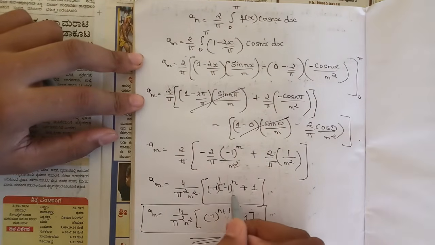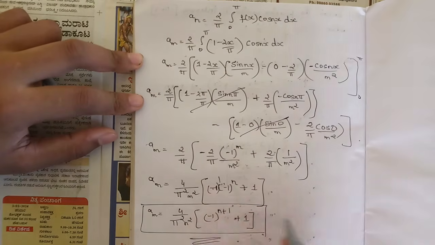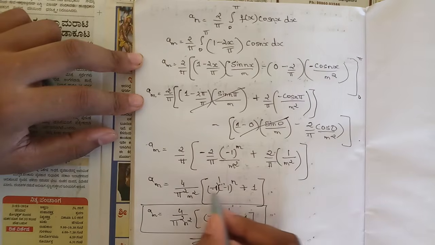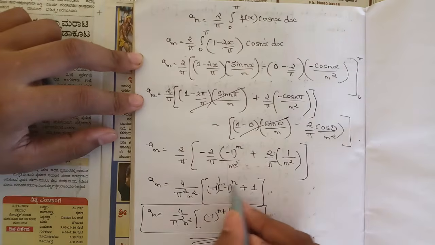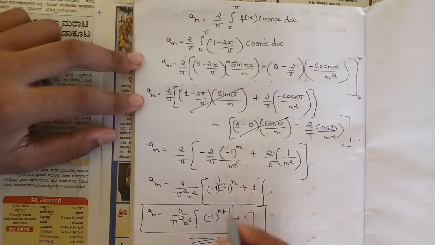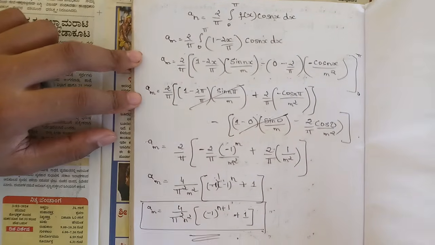There is the same base, minus 1 and minus 1, with different powers. If there is the same base with different powers, we can write a single base with the addition of the powers, that is n plus 1. So that's what we have done here. We got minus 1 to the power n plus 1, plus 1. This is the value of an.